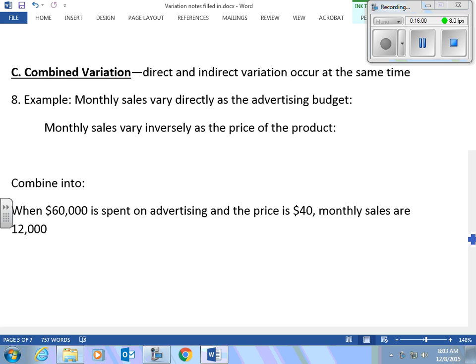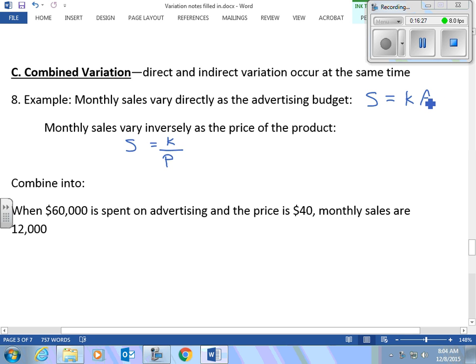Sorry, I'm doing the second one first here. So if they vary inversely as the price of the product, you can see that sales could equal K divided by the price. In the first one, monthly sales vary directly as the advertising budget. So as the advertising budget goes up, the sales also go up. That could be modeled with sales equals K times the advertising budget.